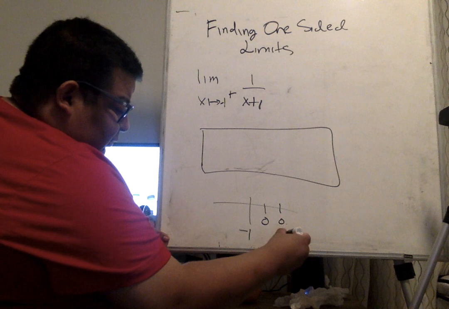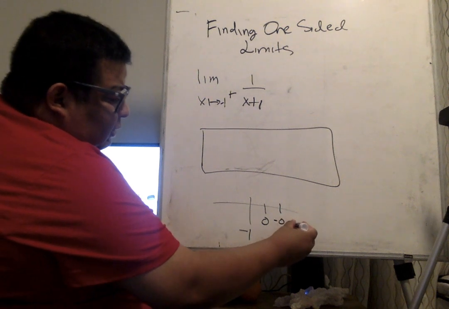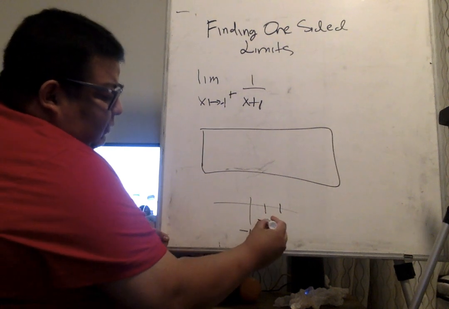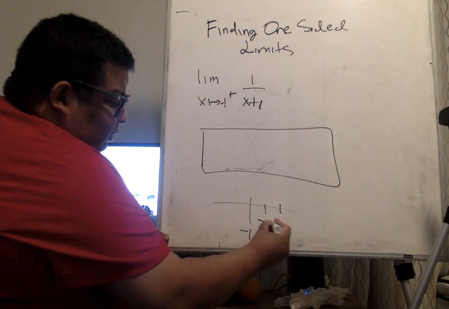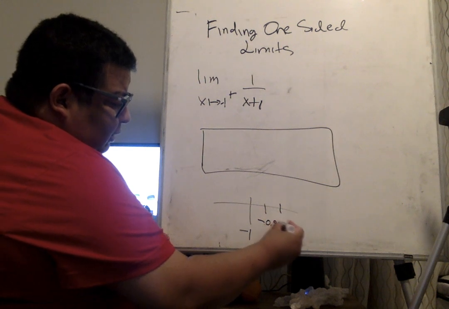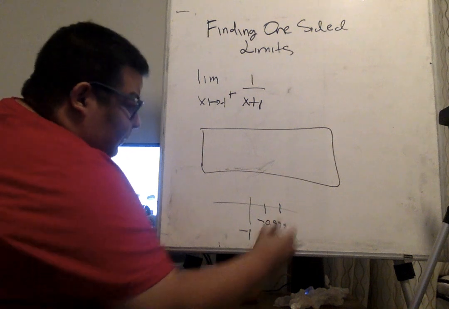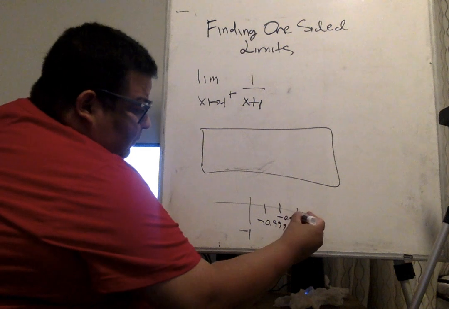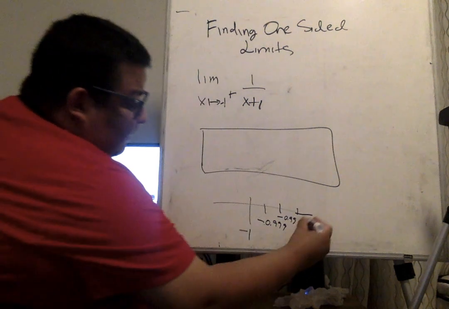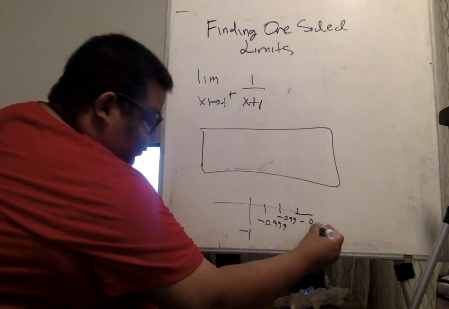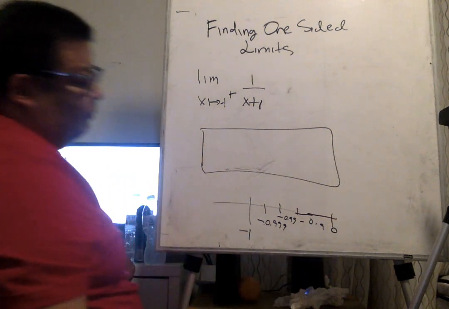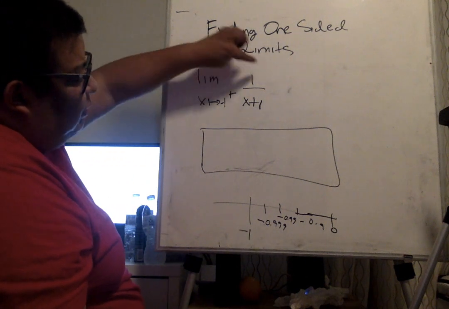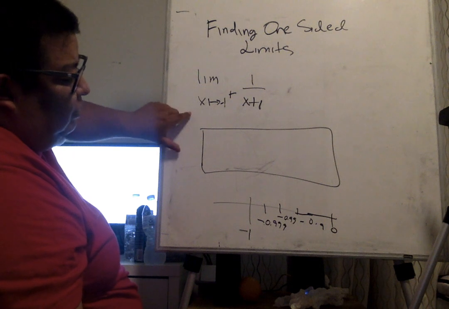So we'll pick -0.999, -0.99, -0.9, and 0. Let's pick these values and then create a table, so that way we'll find what the limit is numerically.